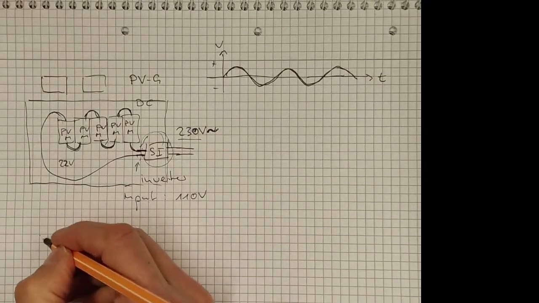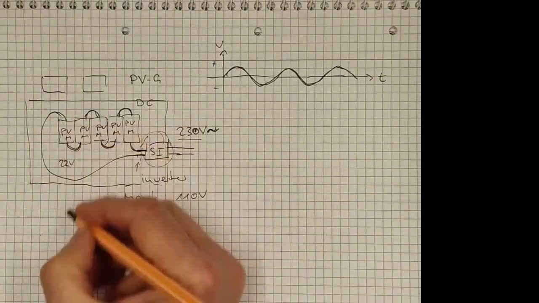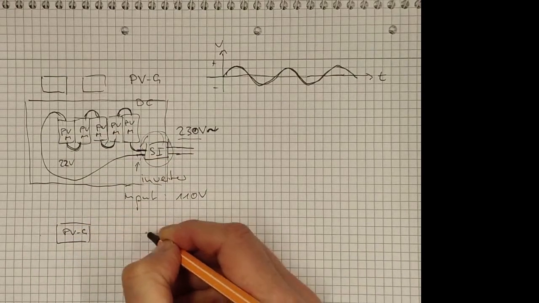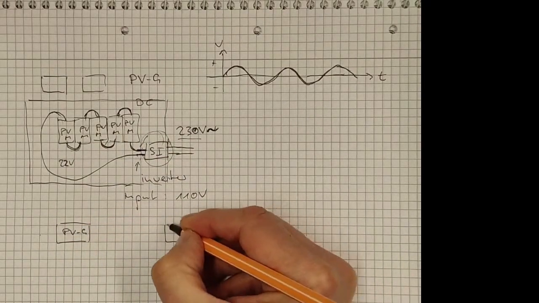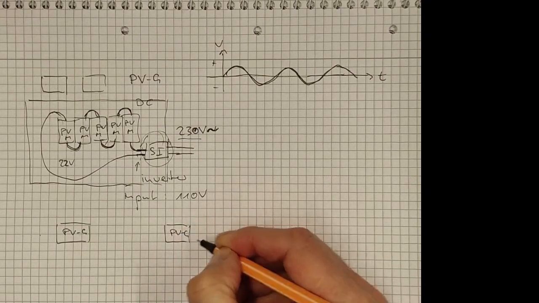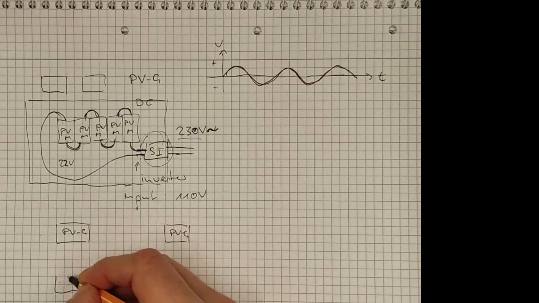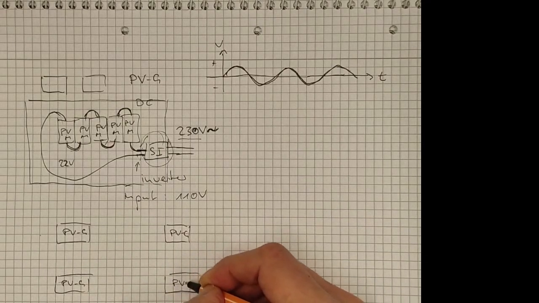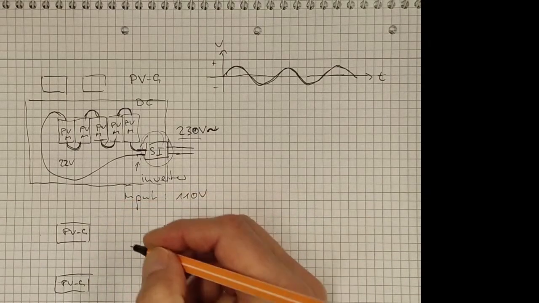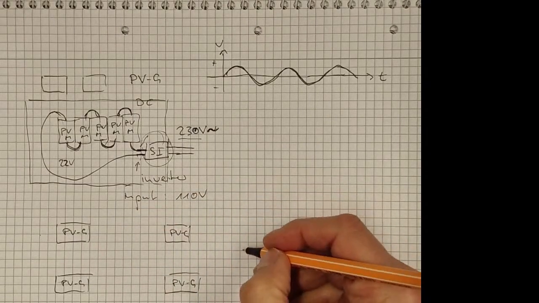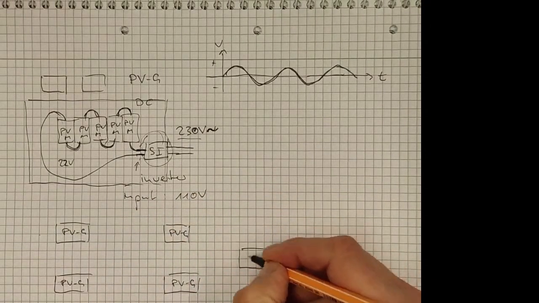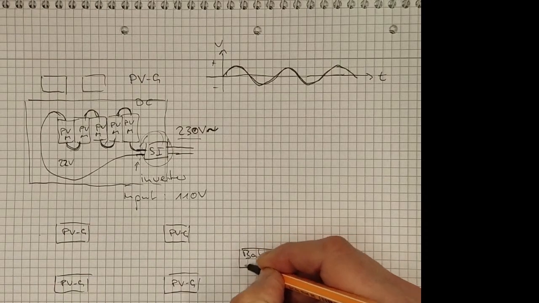And the idea is now that we have 4 of these PV generators, and these generators are connected to a so-called battery inverter.